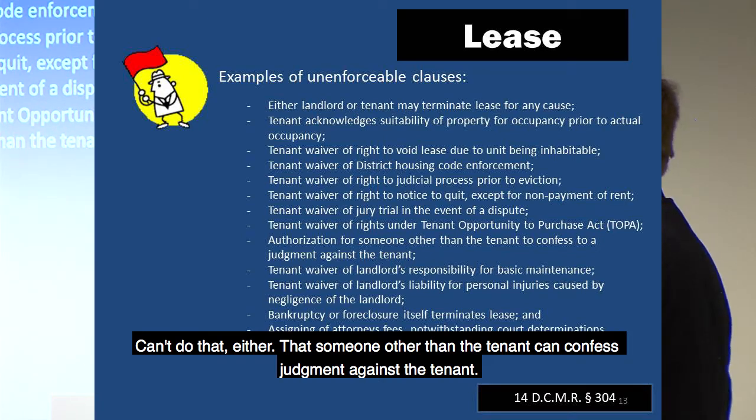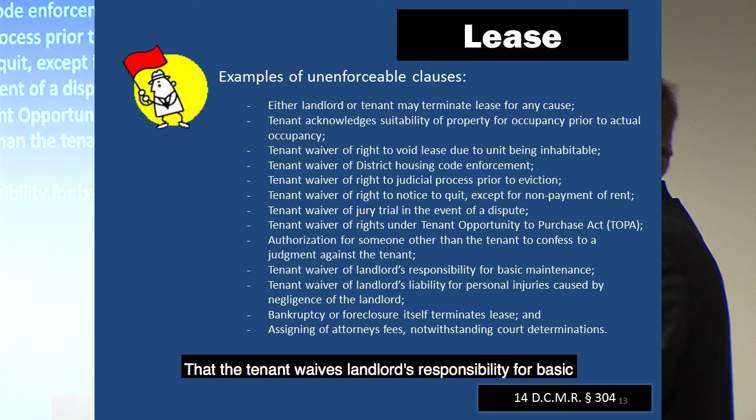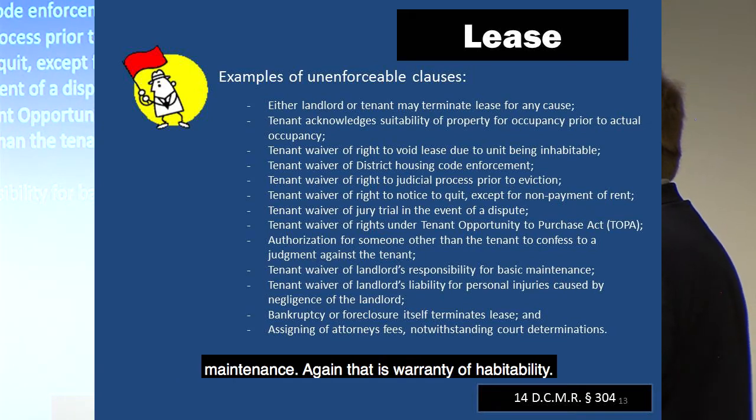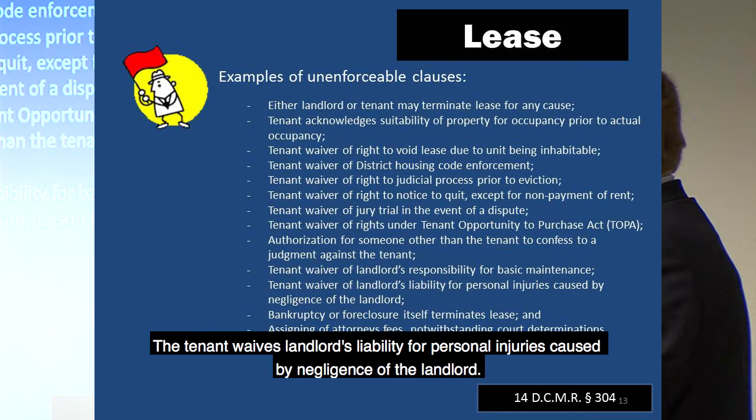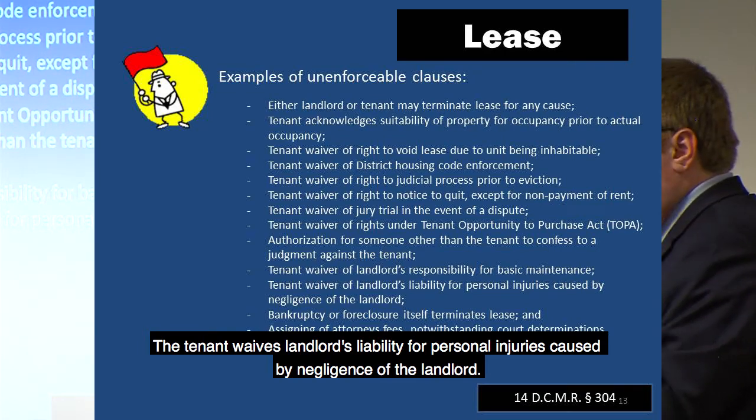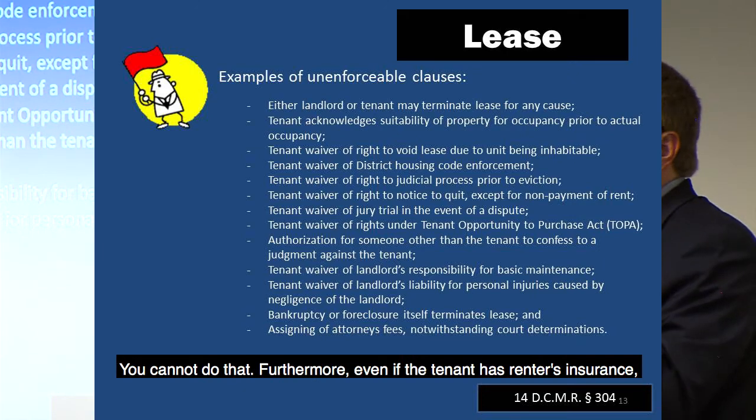That someone other than the tenant can confess judgment against the tenant. That the tenant waives landlord's responsibility for basic maintenance. Again, that is the warranty of habitability. The tenant waives landlord's liability for personal injuries caused by negligence of the landlord. You cannot do that.